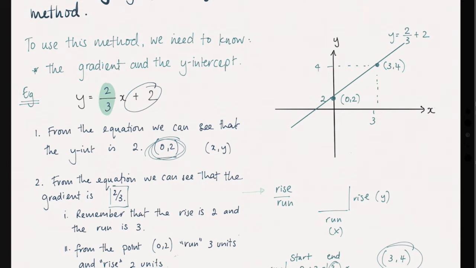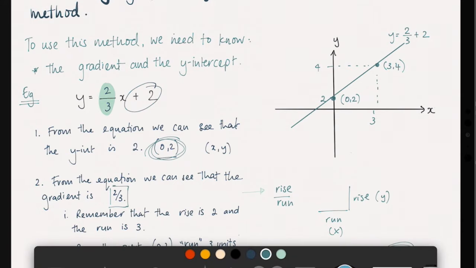You need to make sure that you can comfortably identify what the gradient is and what it does to a particular point. So I'm in another color, we'll just go through the rise over run bit again.